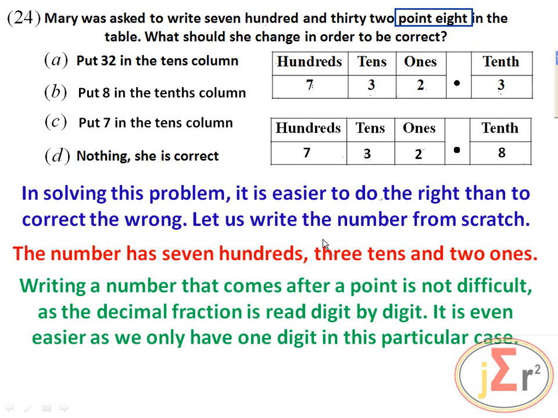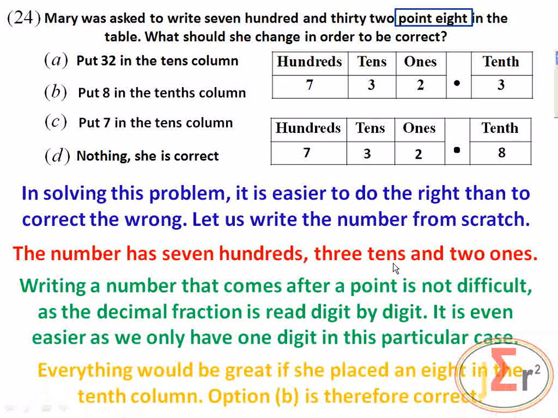And that will be a very efficient, sensible way of solving the problem. Everything would be great if she placed an 8 in the 10th column. Option B is therefore correct.